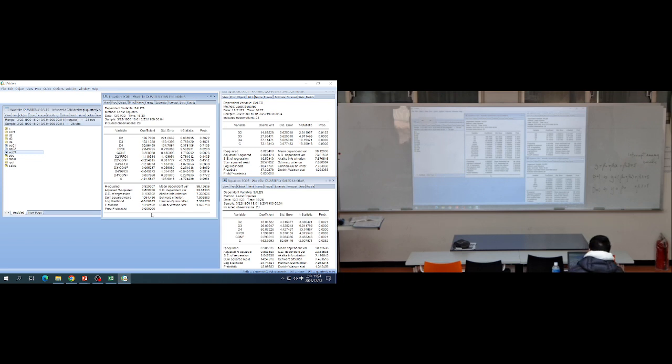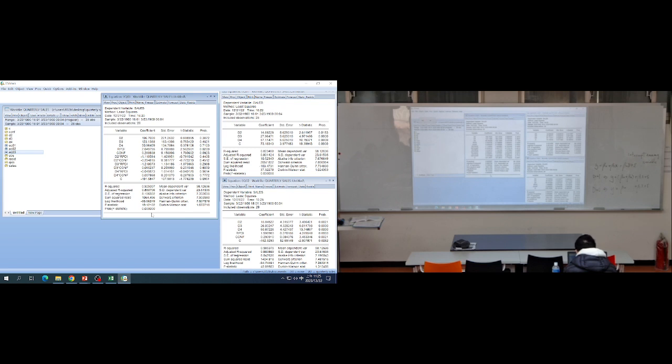In eViews? You mean the third one? Okay, you highlight Y and all the X, then open as equation.